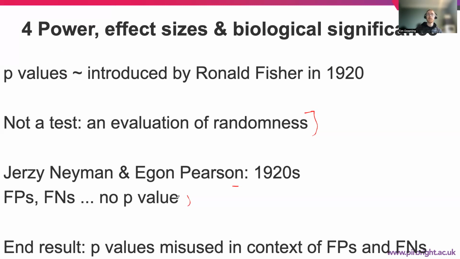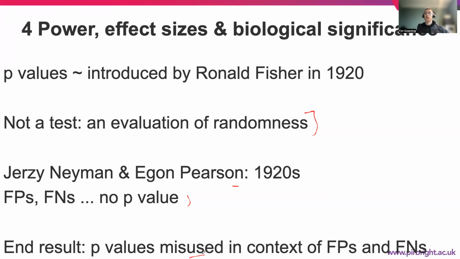The issue is that p-values are misused in the context of false positives and false negatives, and in thinking about how we can adjust for confounding effects that we may not have measured in our model.